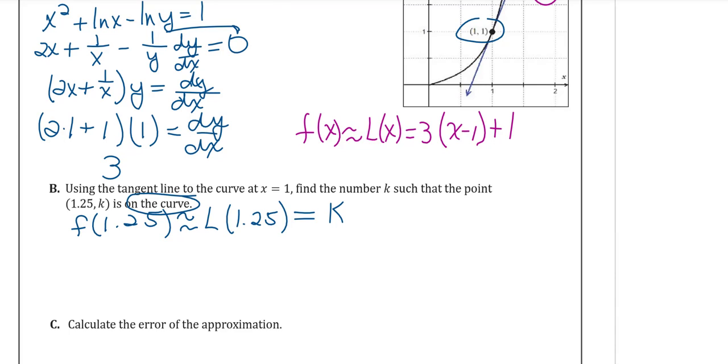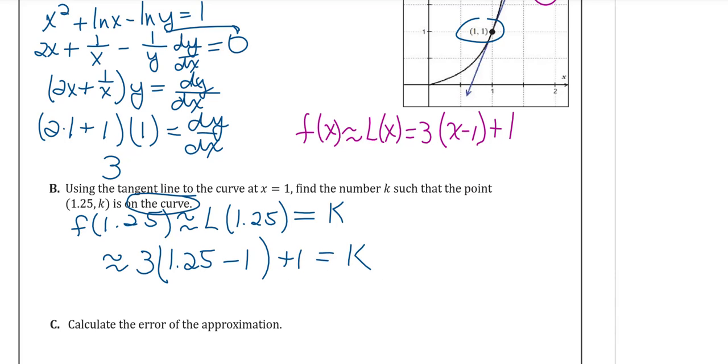So what we have then is that this is going to be approximately equal to 3 times 1.25 minus 1. We're going to use our linear approximation from part A, plus 1. And that is going to be our k.